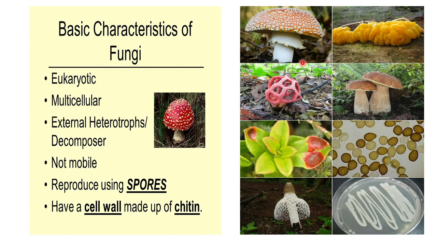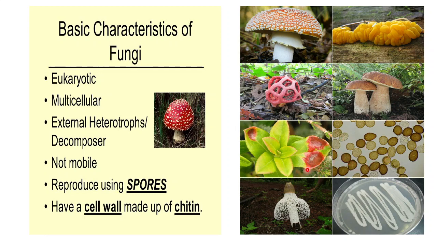So here we have a few pictures which represent different forms of kingdom fungi. Now we usually see all such forms growing around us. These are growing naturally upon dead, decomposed wooden pieces or humus.